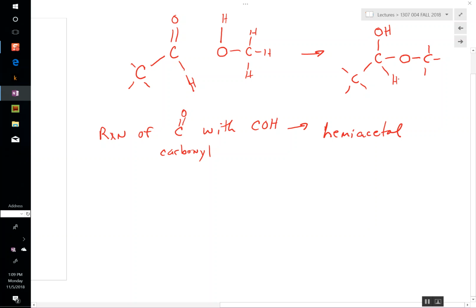Okay? All right. So what do we have? We have a carbonyl reacting with an alcohol. Now, here's glucose. On this one molecule, we have a carbonyl and we have OHs. So it can accomplish this hemiacetal reaction with itself.